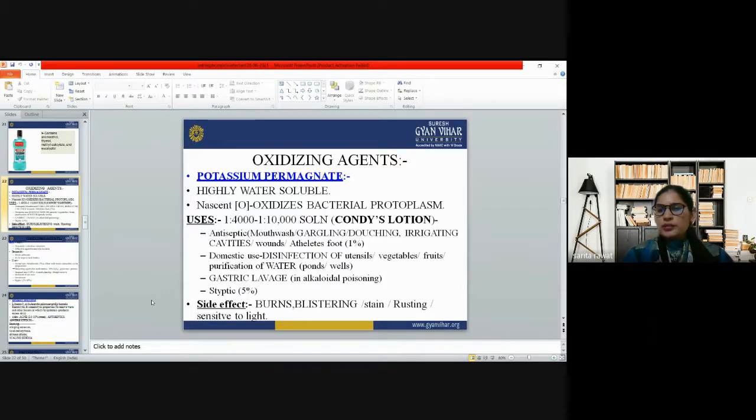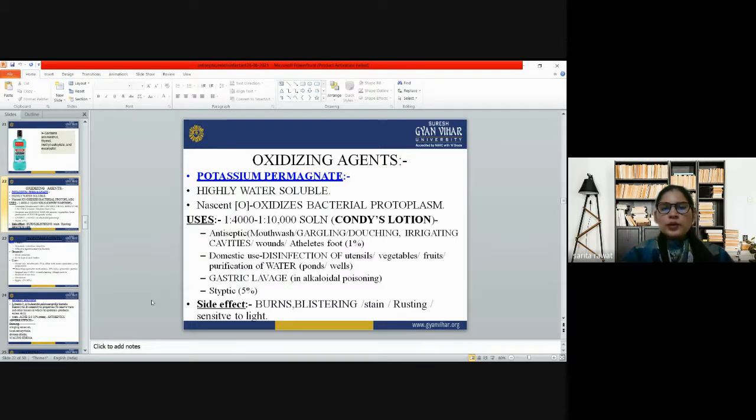It is used in mouthwash and in wounds, and for domestic use it is used for disinfection of utensils, vegetables, fruits, and purification of water, ponds and wells. Then in gastric lavage it is used in alkaloidal poisoning. And as a styptic it is used in a quantity of 5%.